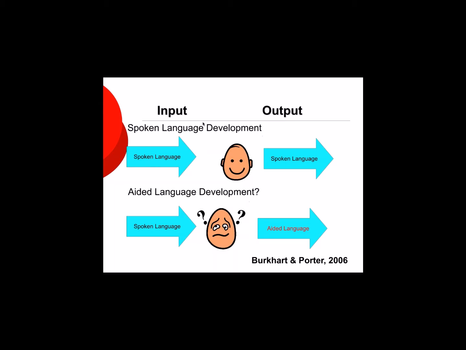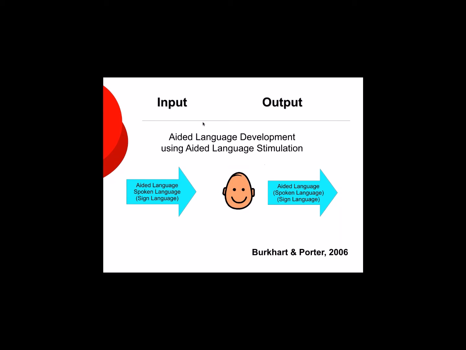Then we look at our folks with Angelman, where we have exposed them to so much spoken language, but for them to communicate back, we're asking them to use a completely different tool than the model that's been used around them. And so we're asking them to use some kind of aided language alternative to spoken language, and the only way we can really provide the basis for them to learn how to use that tool is if we provide that same input, that same immersive environment that their typically speaking peers had in the language that they could one day access. So this will be familiar to all of you.